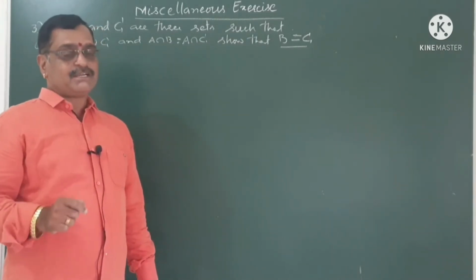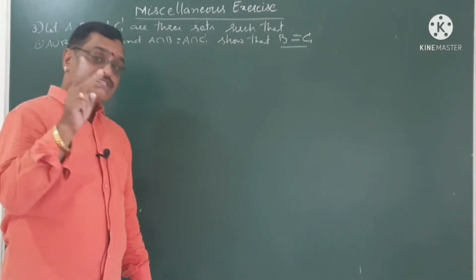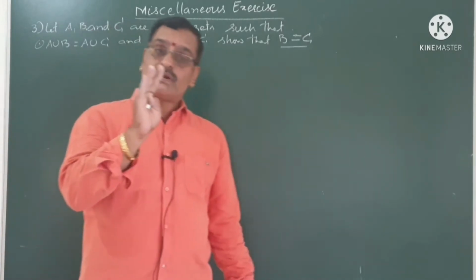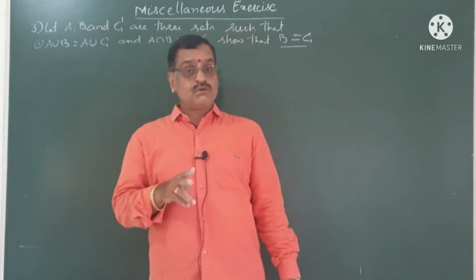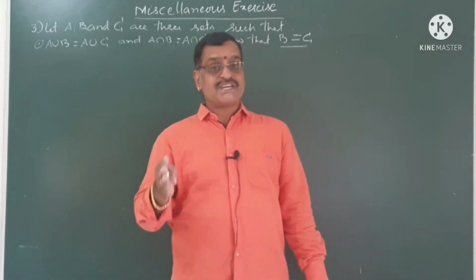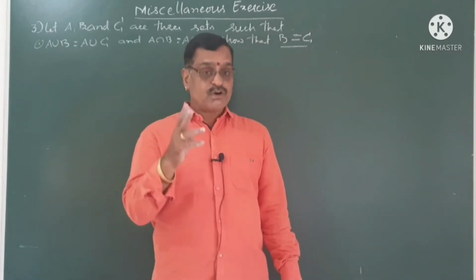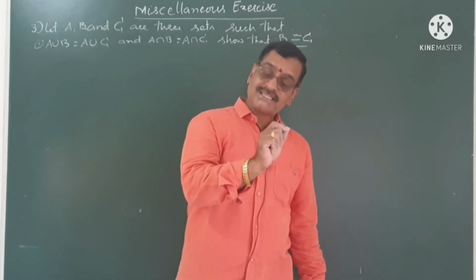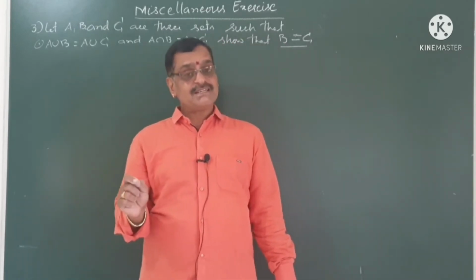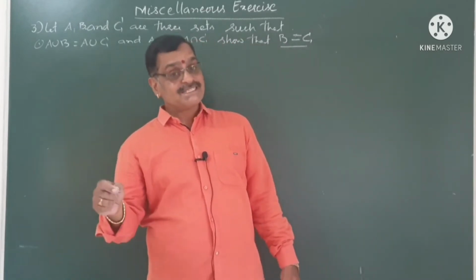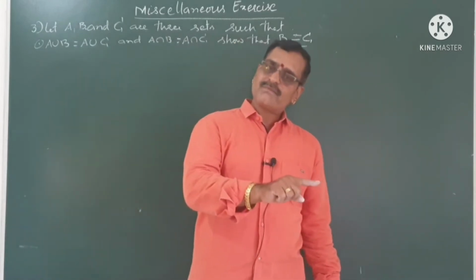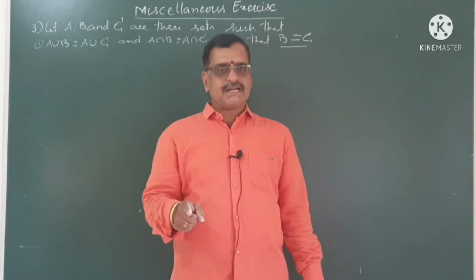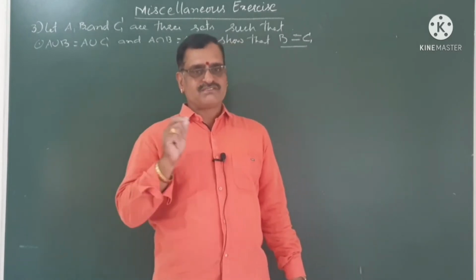Now in set theory, to show that two sets are equal, you have to follow one rule. You have to show that the first set is a subset of the second set, as well as the second set is a subset of the first set. Then only you can conclude that the first set is equal to the second set.